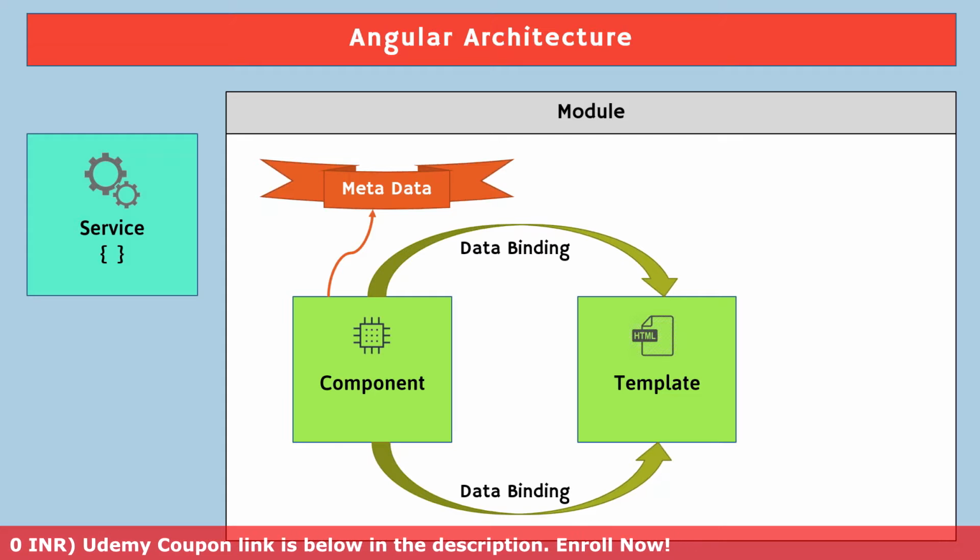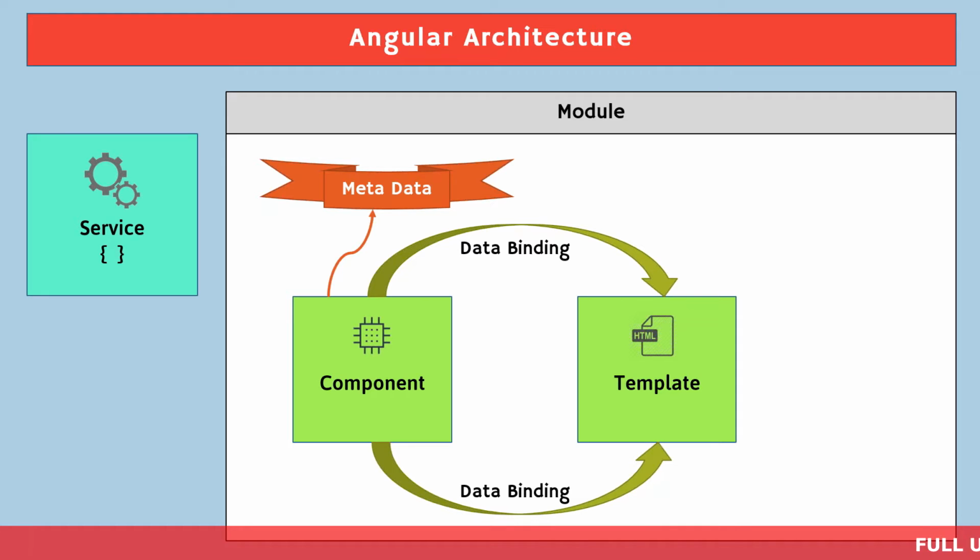Service is a TypeScript class which contains client-side business logic, which is involved in loading the data from servers by making AJAX calls to the REST API servers, and also processes the received data by performing custom and complex validations and calculations, and also adding additional essential data to the data structures.